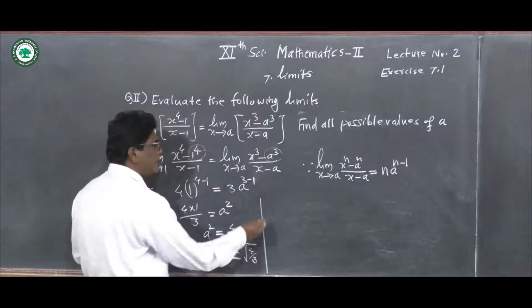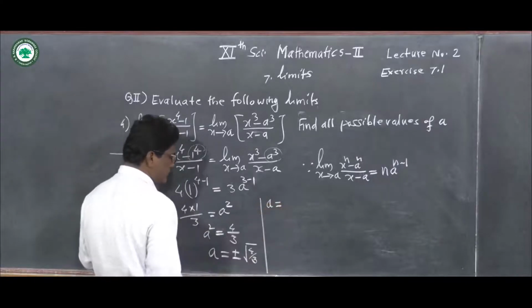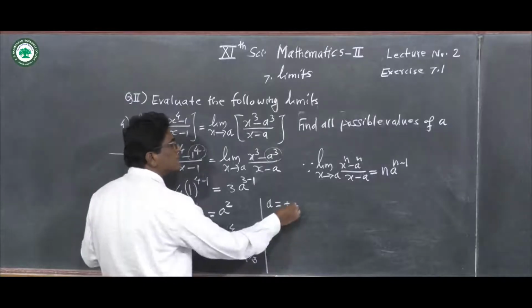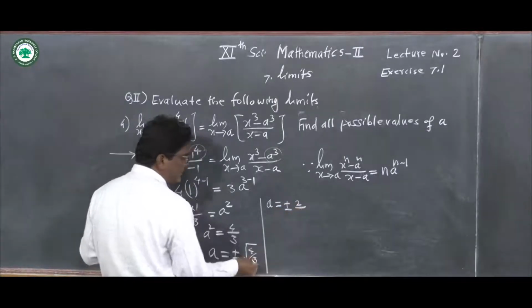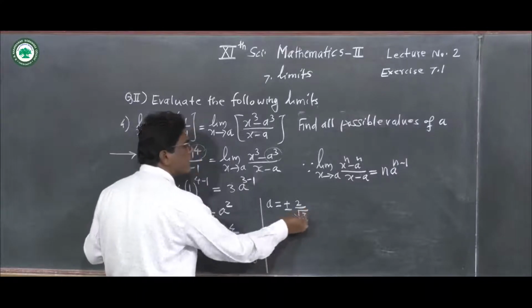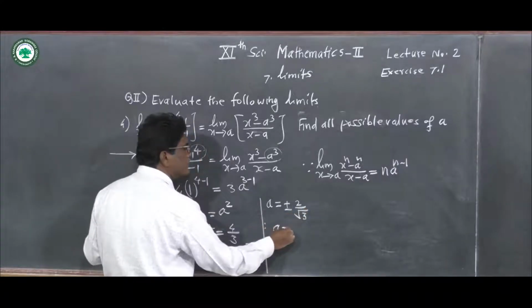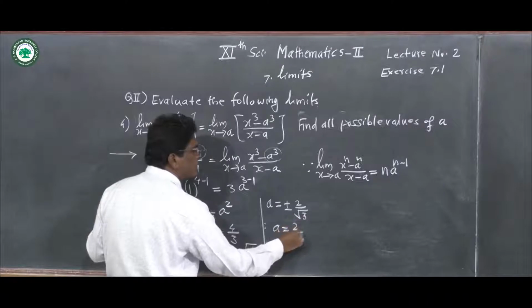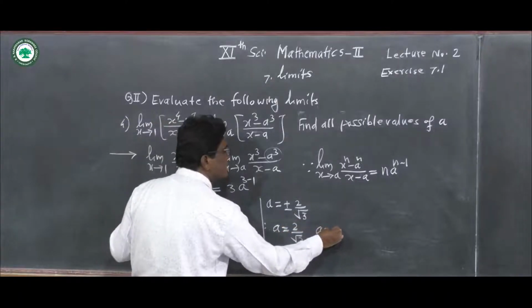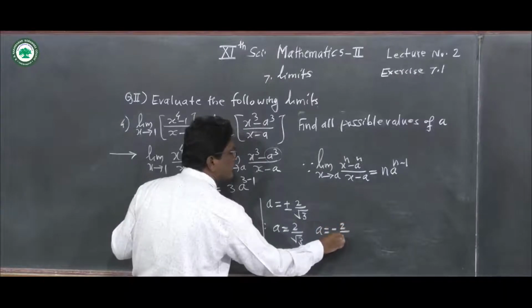We take the square root of 4, that is 2, divided by the square root of 3, which we write as it is. Therefore a is equal to 2 upon root 3, or a is equal to minus 2 upon root 3.